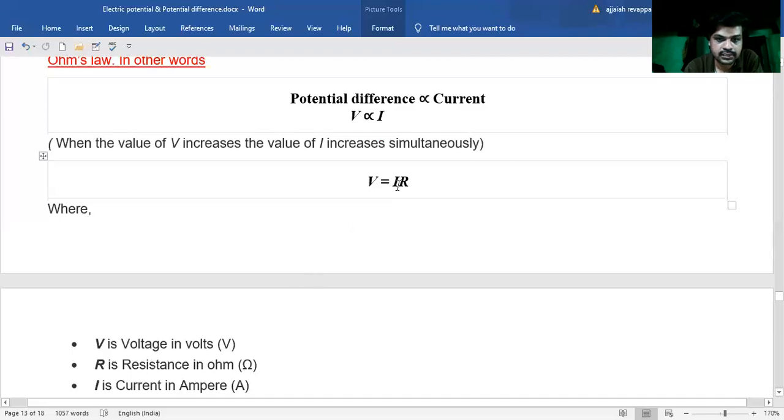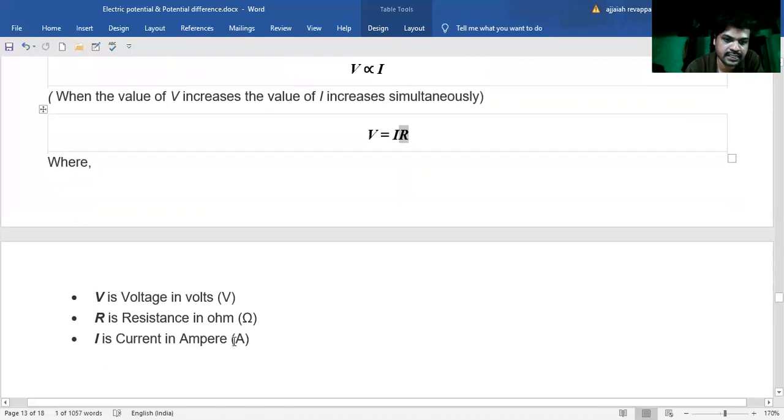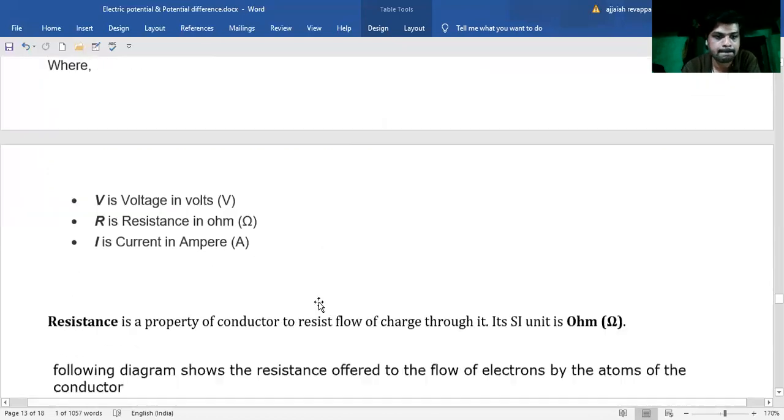R is the resistance, and its SI unit is ohm. Ohm is the name of the physicist, George Simon Ohm. Next, I is the current in ampere.